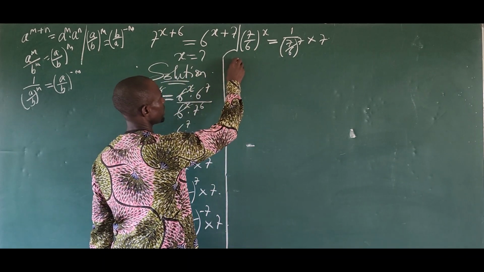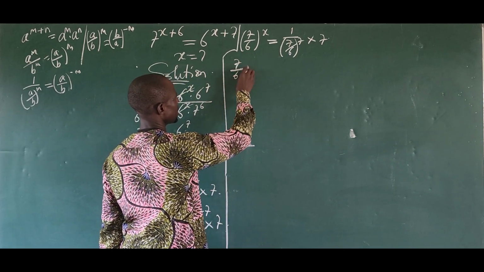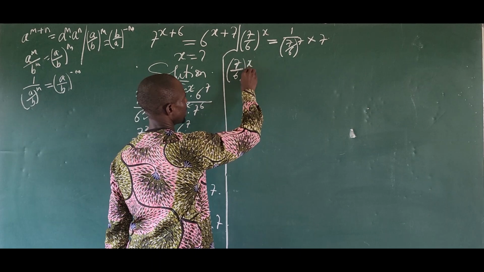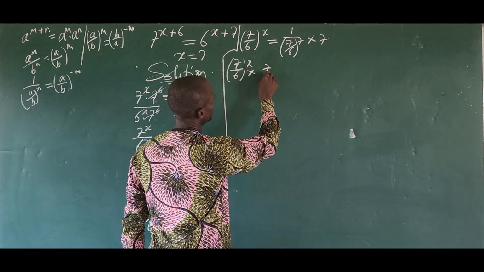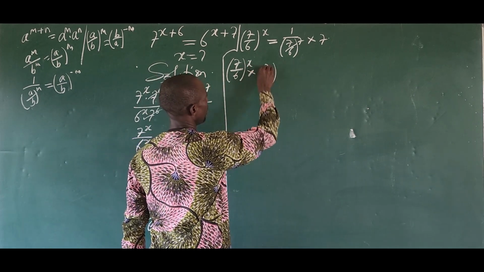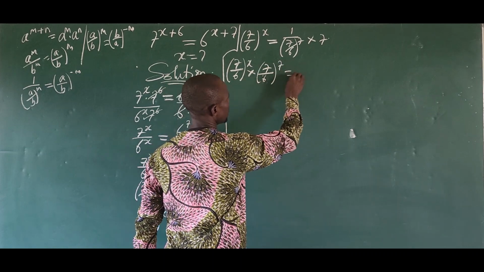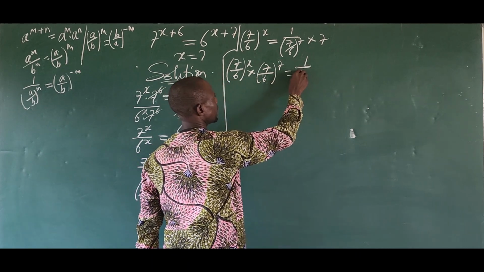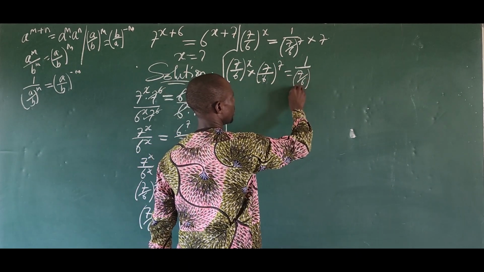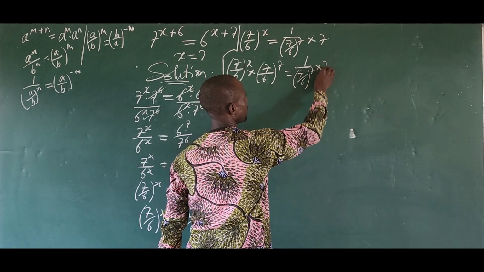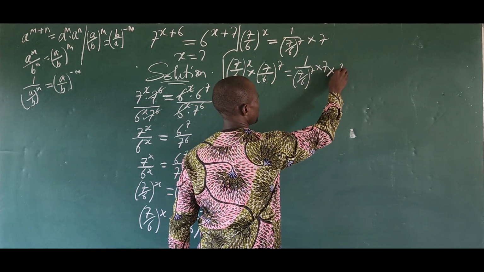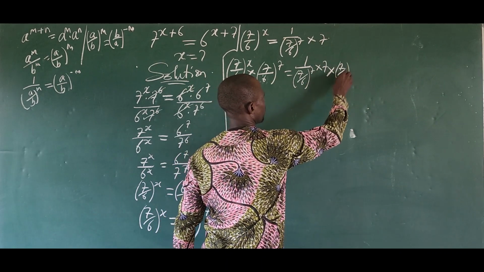This gives us (7/6)^x times (7/6)^7 equal to 1 over (7/6)^7 times (7/6)^7.